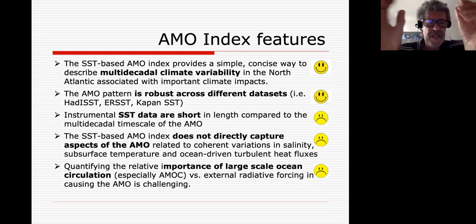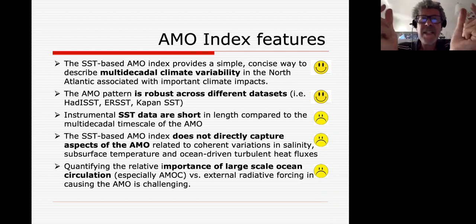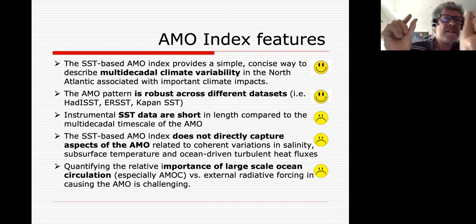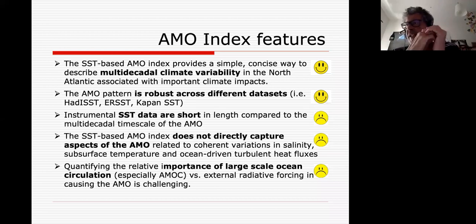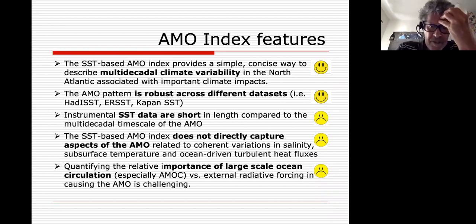So SST is a proxy, but it doesn't capture the full complexity of the thermodynamics of an ocean. And quantifying the relative importance of large-scale ocean circulation, especially the meridional overturning in the Atlantic, versus external radiative forcing in causing the AMO is challenging.